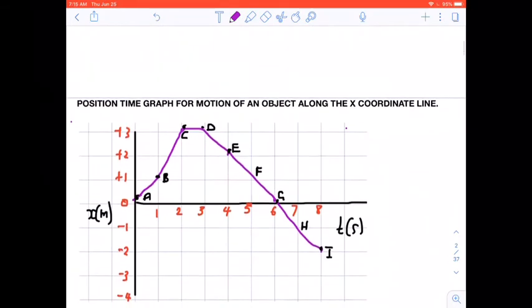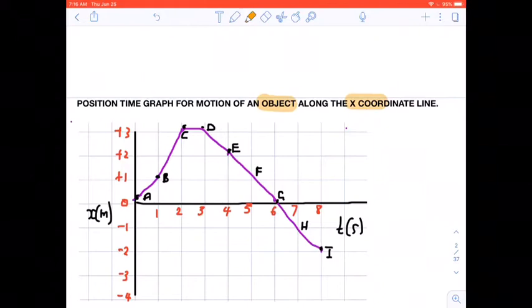Now let's look at this position time graph. Here we have an object moving along an x-coordinate line, but here we've got the position time graph for this.